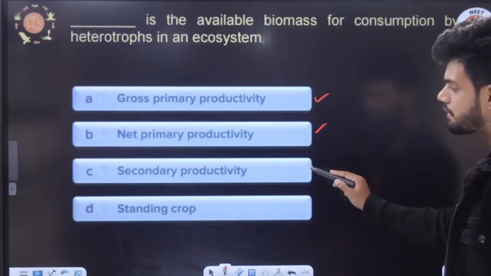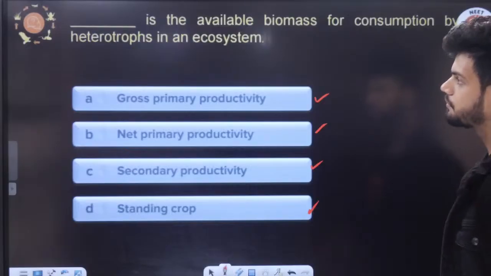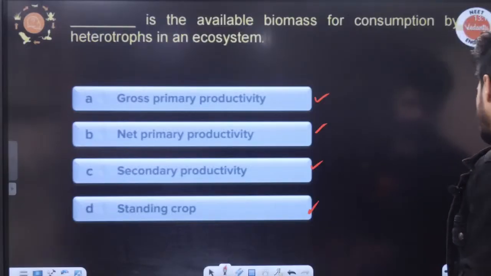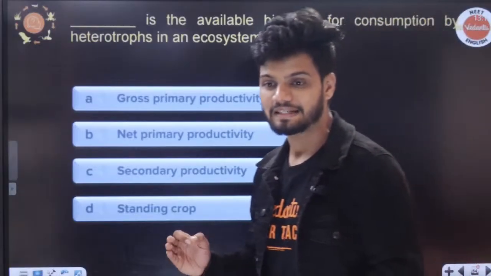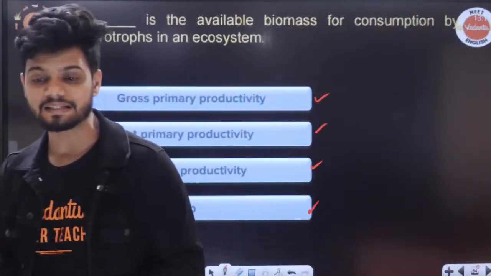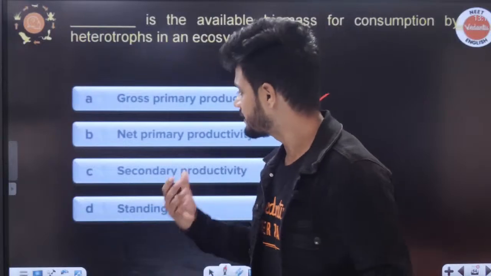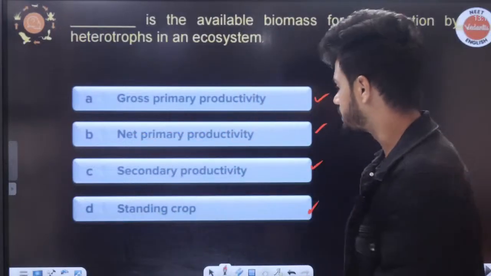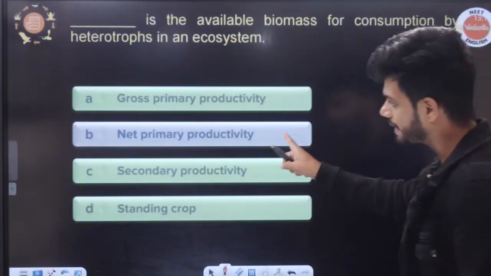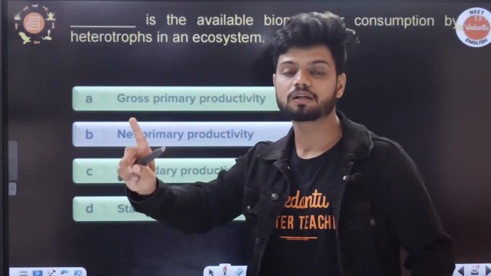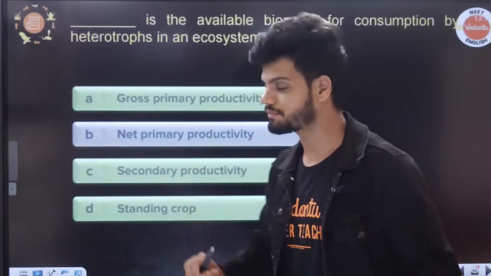Do they get secondary productivity? Or do they get standing crop? Which is available to heterotrophs? Tell me. It is always the net. Net is given by the plants to the consumers.